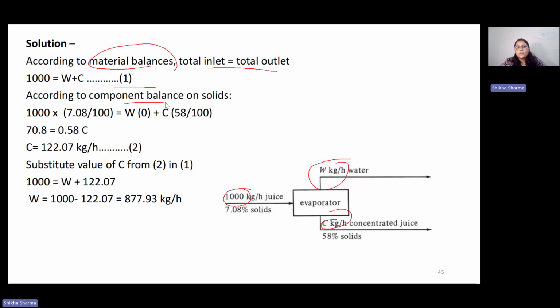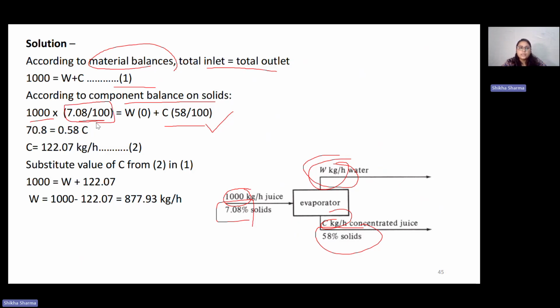And when we are doing component balance on the solids, it would be 1000 into 7.08%, which is 7.08 divided by 100, is equals to W into 0, because it is a water, it is having no solid content, so it is a 0% solids in this, plus C into 58% of the solids, so 58 divided by 100.